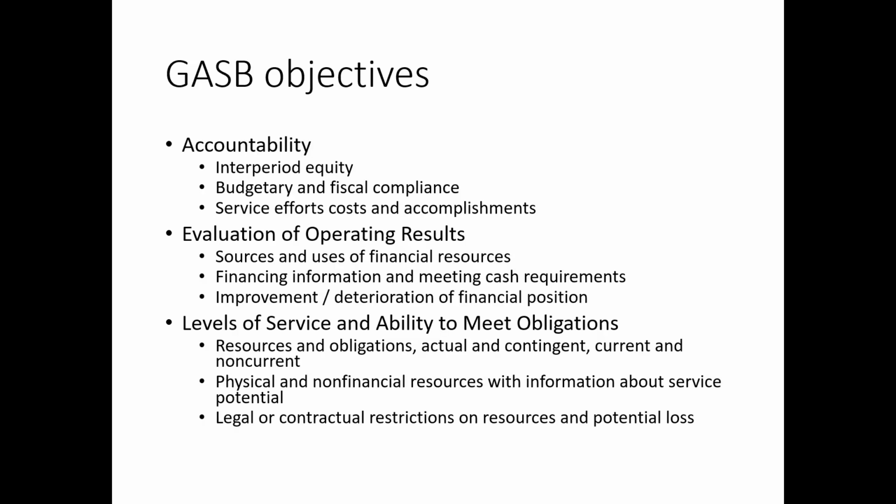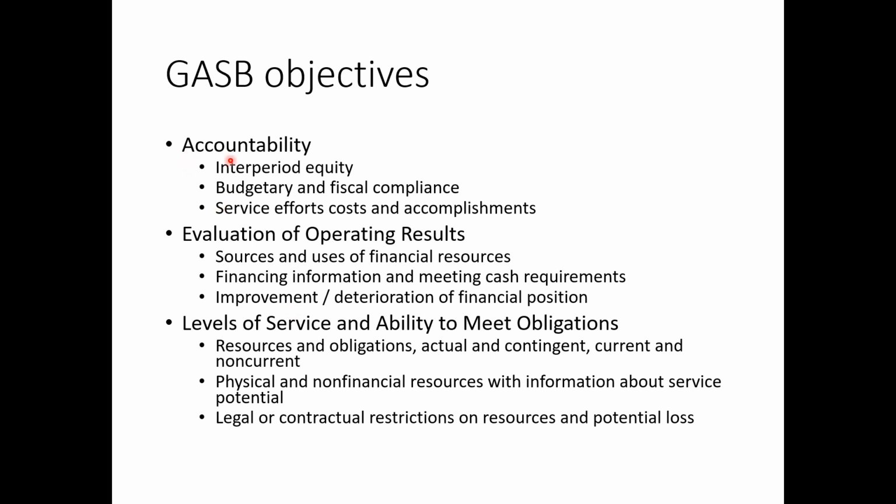Next, let's look at the GASB objectives and FASB objectives, respectively. For example, the GASB objectives include accountability, evaluation of operating results, levels of service, and ability to meet obligations. These are very consistent with the general objectives.